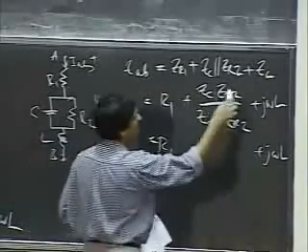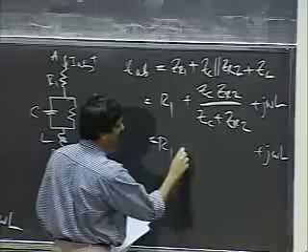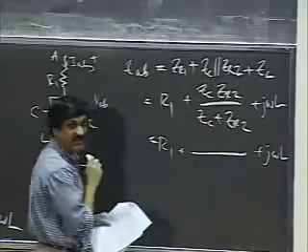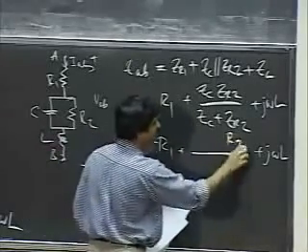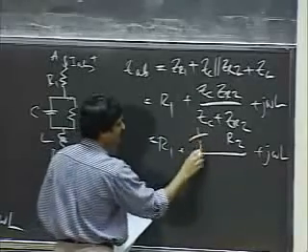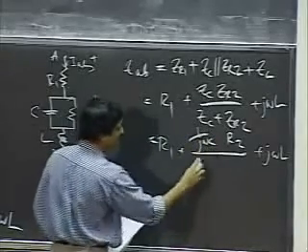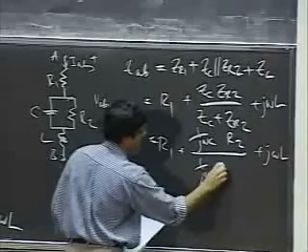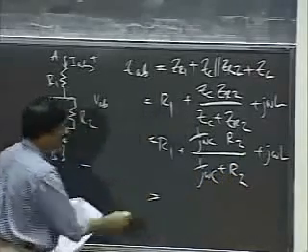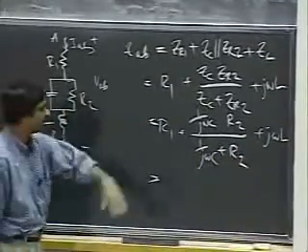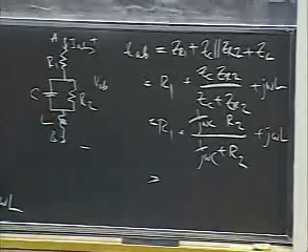And let me just substitute the values here. So I know that ZR2 is simply R2. ZC is 1 by j omega C, and then the denominator is 1 by j omega C plus R2. And I can go ahead and simplify that further and get my impedance ZAB.